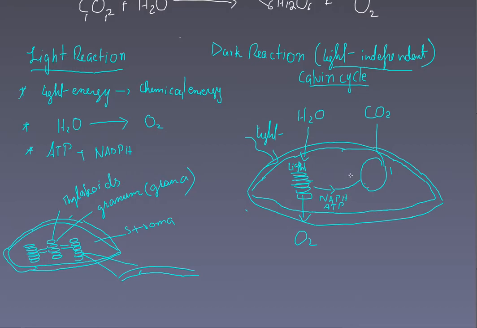Now this hydrogen can be used to reduce carbon, to give carbon the hydrogens so that it can make glucose, C6H12O6. When these two molecules are used, they go back as NADP plus, because they lost their electrons, and when you lose an electron you get a positive charge, and ADP plus a phosphate group.